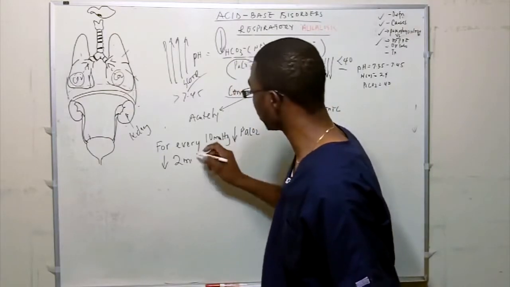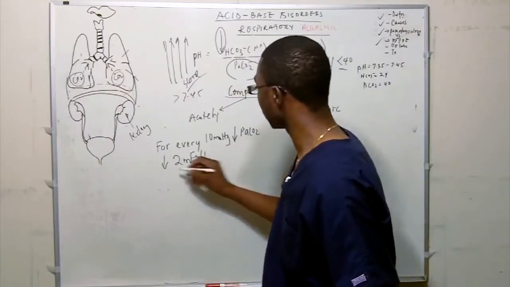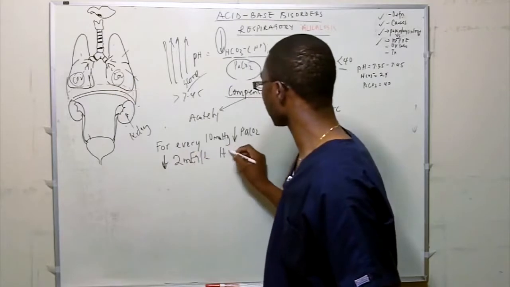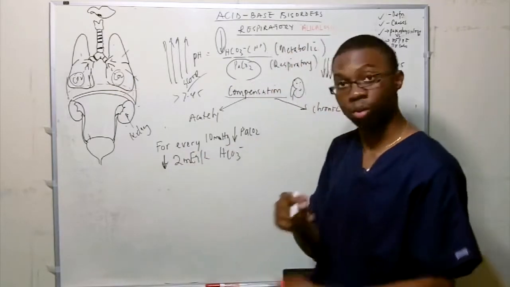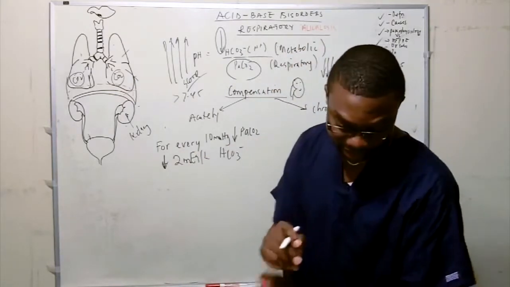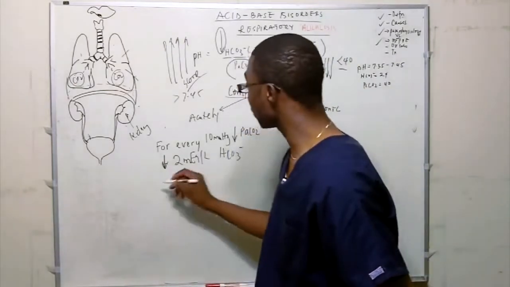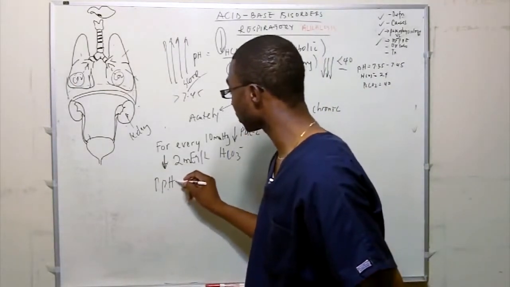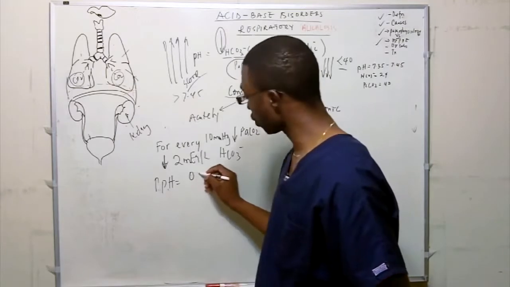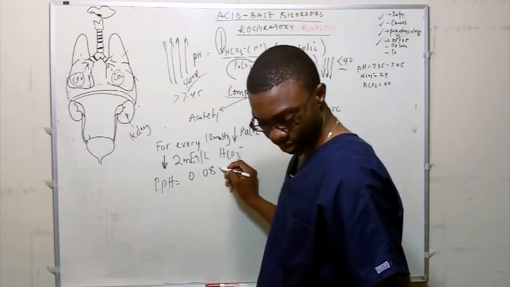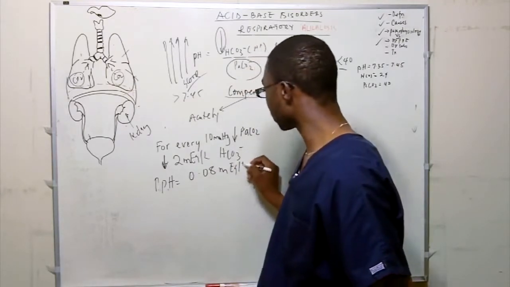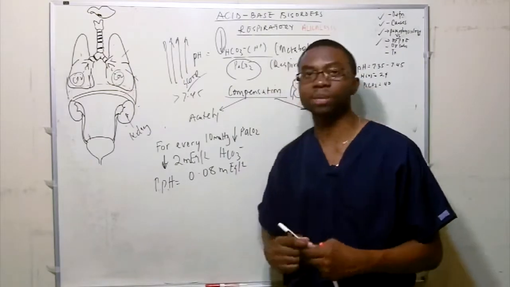Actually, you can use 2 milliequivalents per liter of bicarb lost. Shall we do a problem? No, not yet. Because then this will increase the pH of our blood by 0.08. I like to do problems so we can put this in perspective.